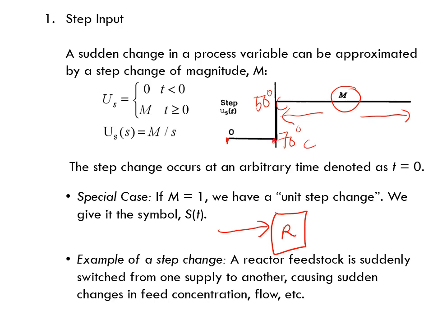And this is where a change happens in the input stream of your reactor, reducing from 70 degrees C to 50 degrees C. So at time more than 0, maybe at 2-3 seconds, for example, your magnitude can be denoted by M. And then the step change occurs at an arbitrary time denoted as t equals 0.